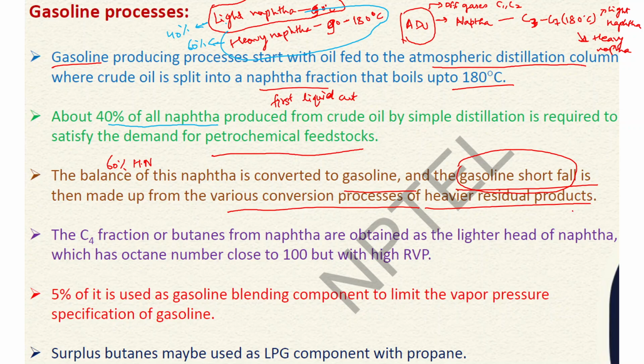Okay. Various other procedures are also responsible for fulfilling the gasoline needs, such as the coker unit, the FCC unit or the hydrocracker unit. Also, we get some amount of naphtha, which is further used. The naphtha from all the secondary processing units is also taken in, combining the remaining 60% from the crude oil distillation and the smaller amounts of naphtha from different secondary processing units of residual products.